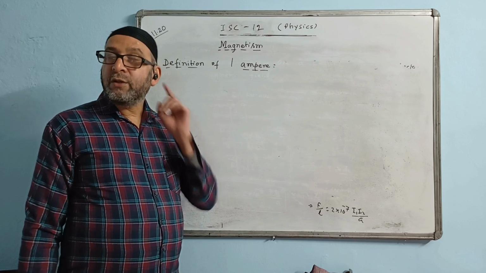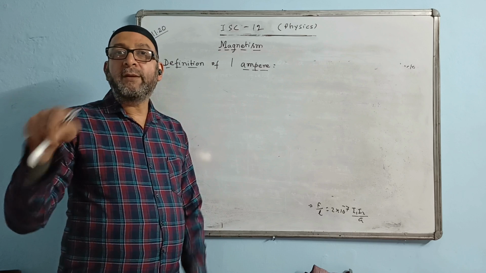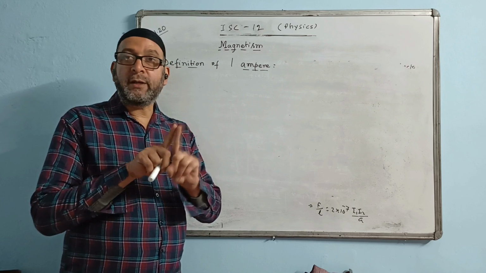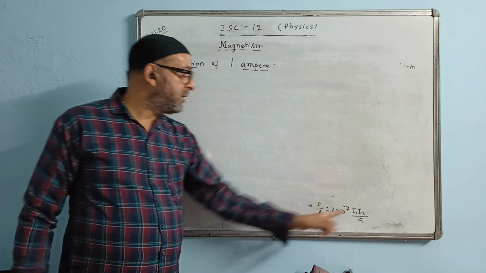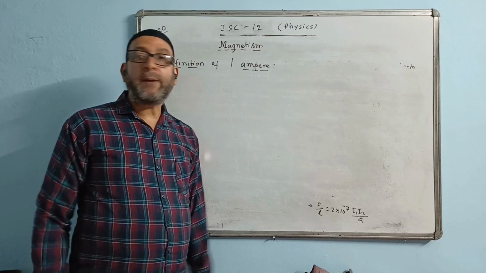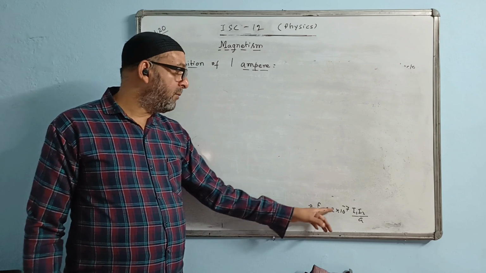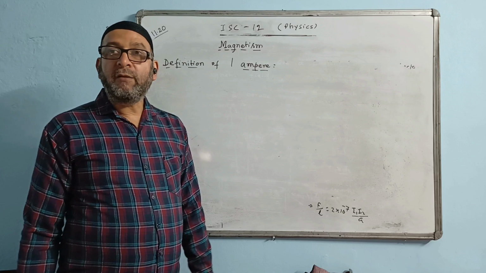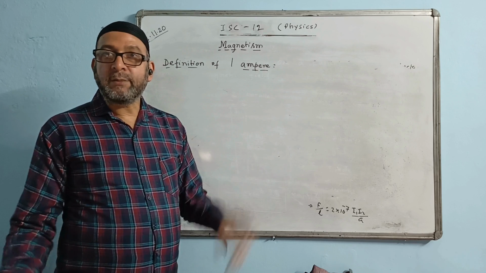You can check the definition I have given now. Is everything covered there or not? Just check. It is the steady current. Steady means equal current, the same current. Flowing through two parallel wires 1 meter apart in air. Why am I saying in air? Because mu not is the permeability of free space, that means air or empty space.